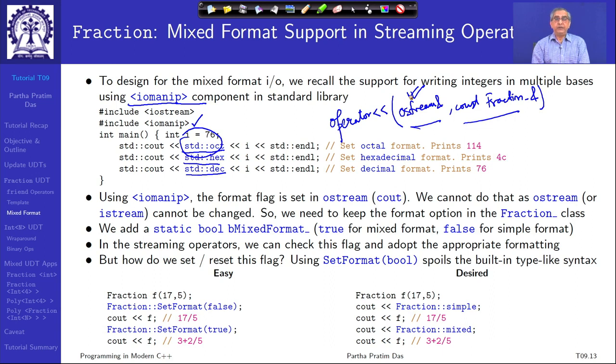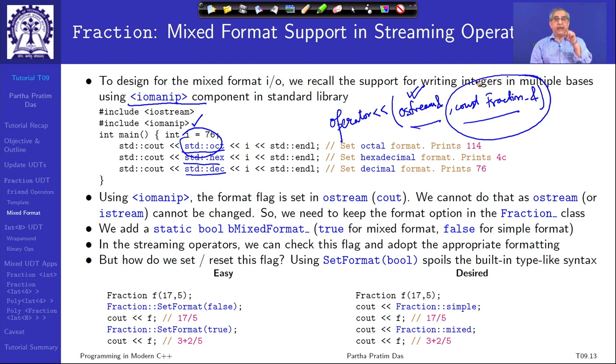So, it is actually using this property of the first argument to do this. Now, our problem is we are writing user code. So, we cannot introduce a flag for writing mixed format fraction in the ostream. We do not have that option, right. So, for us we will have to make use of the second argument to do this.